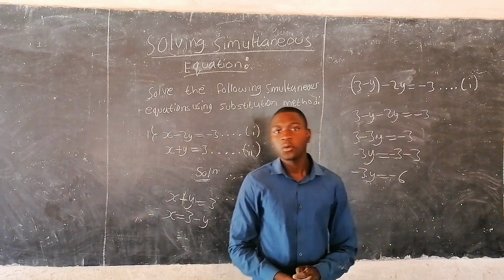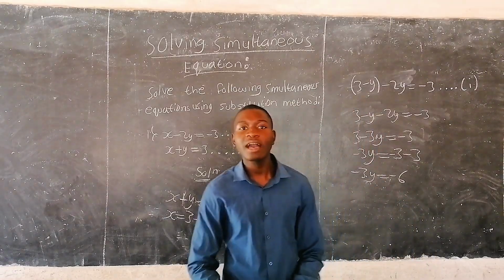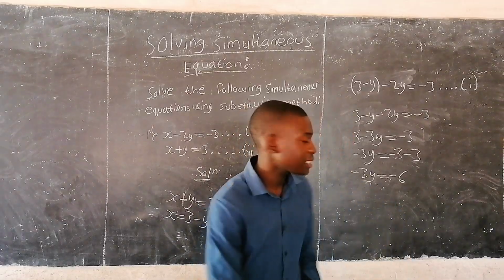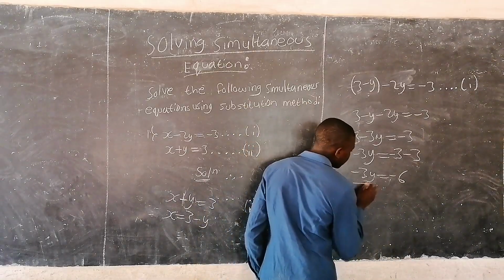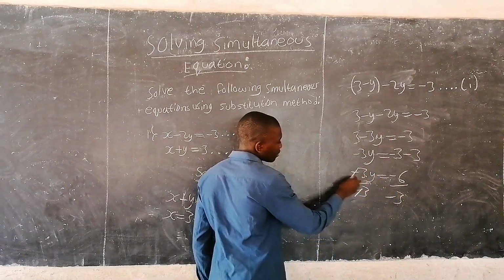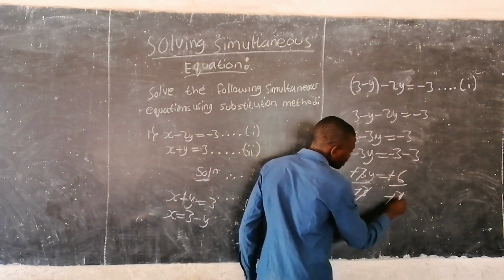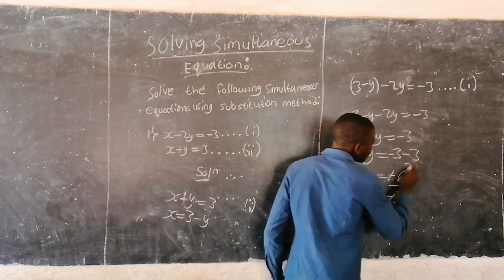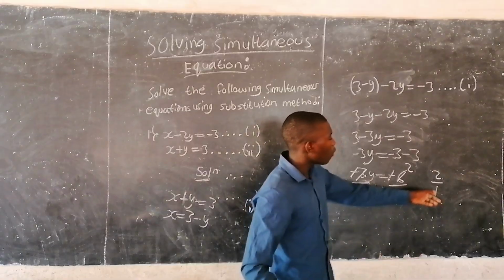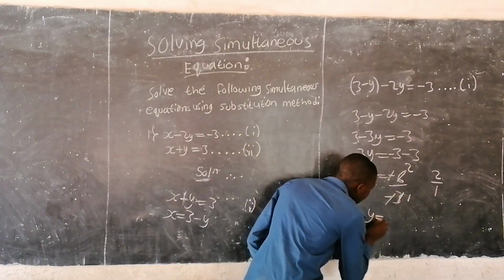As we can see, we have negative 3y is equal to negative 6, and we'll have to divide both sides by negative 3 to get the value of y. That will leave us with negative 3 divided by negative 3; we cancel negative and negative, 3 into 3 is 1, 3 into 6 is 2, and we'll be left with 2 over 1. 1 into 2 is basically 2, that means y is equal to 2.